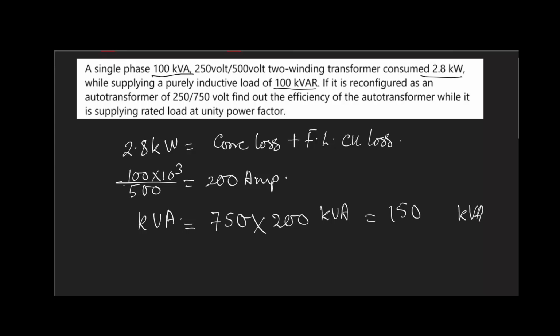So this much will be the value. Now if this much is the value, then what changes would take place in terms of efficiency when we connect it as an auto transformer?